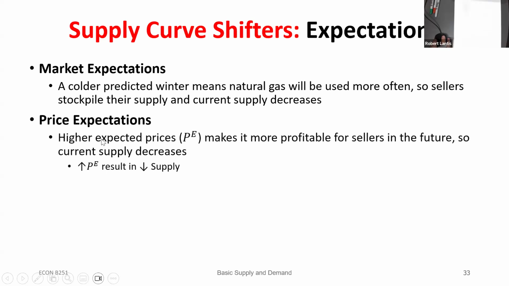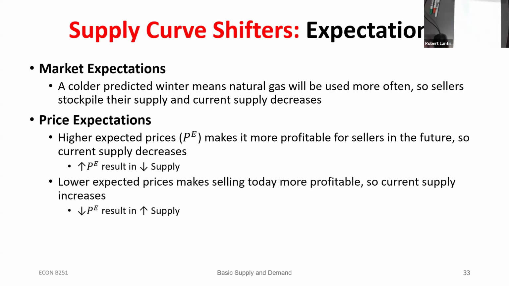So we said, if I think that there's going to be higher prices in the future, well, for a seller of a good, the price is a good thing. So if I think the price might be higher tomorrow, let's say I think the price of gas is going to go up tomorrow, if I'm a gas station, maybe I try to not sell it today. I want to make sure that I'm selling it tomorrow. So my current supply would actually go down.